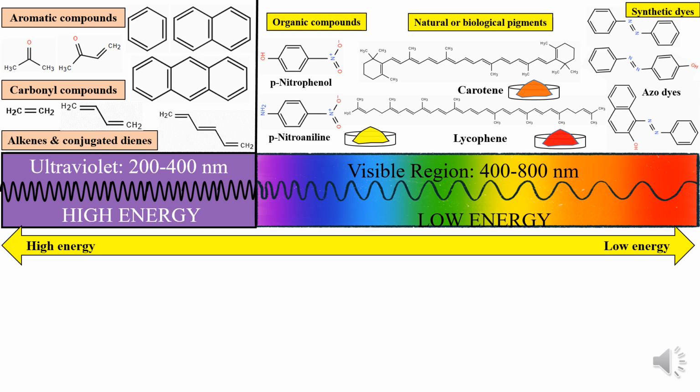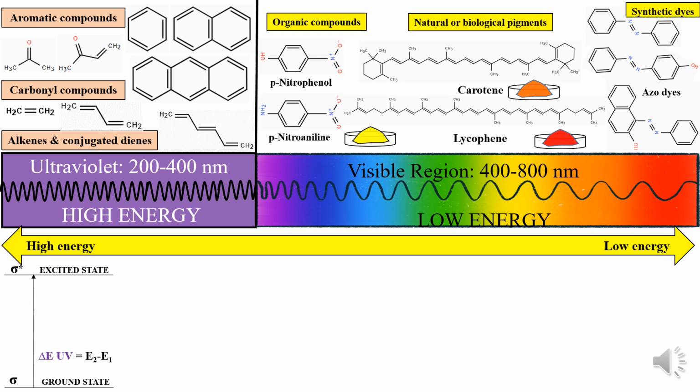So as a group, it has loosely held pi electrons as well as very loosely held non-bonding electrons. And therefore, less energy is required to excite the electrons in the azo group present as chromophore in the synthetic dyes. And therefore, they absorb at a longer wavelength region, that is in the visible region.